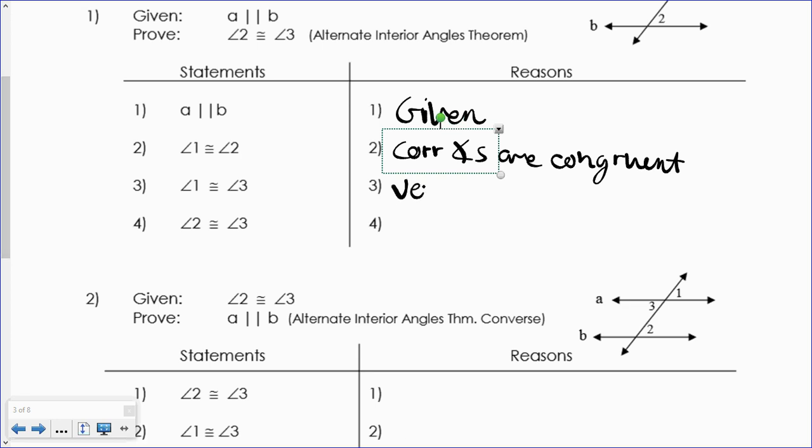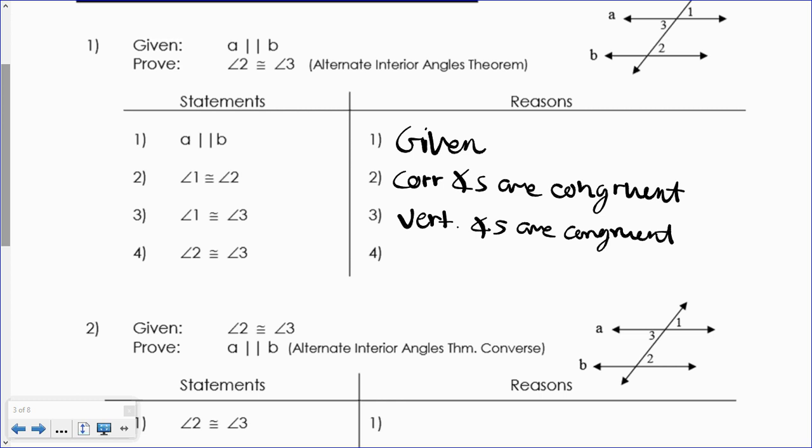You just write vertical angles, or you abbreviate vertical angles are congruent. You don't have to be too detailed when you guys are giving the reason. Just tell me what kind of angles they are and what you know about them. So angle 1 and angle 3, based on the picture, which I've covered up, sorry, they're vertical, so they're congruent.